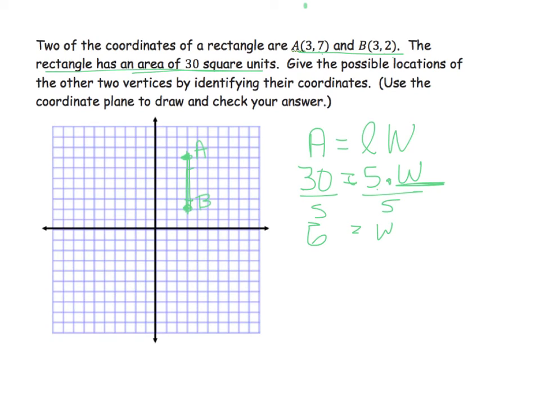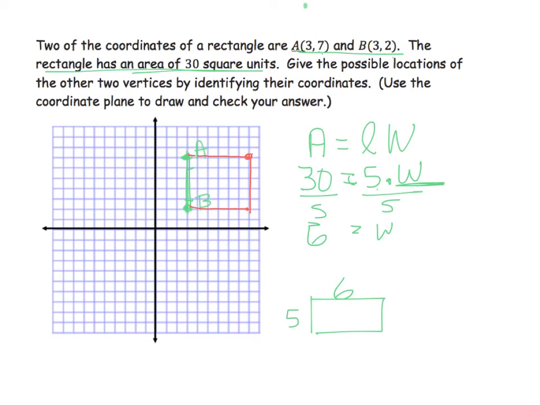So my other dimension, if I'm drawing a rectangle, I know this one is 5. That means this one has to be 6. So we're just going to draw. I'll go this way first. 1, 2, 3, 4, 5, 6. Like that. 1, 2, 3, 4, 5, 6.